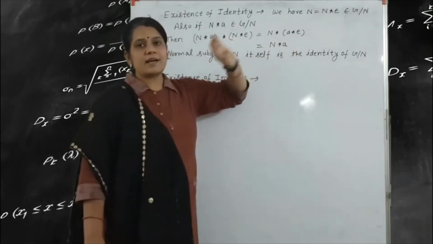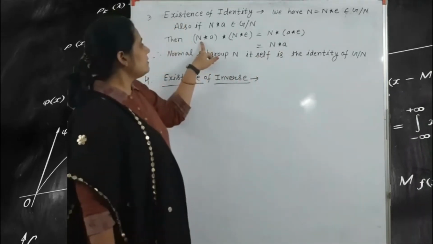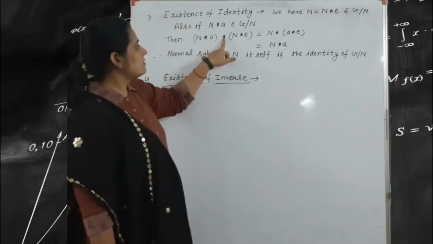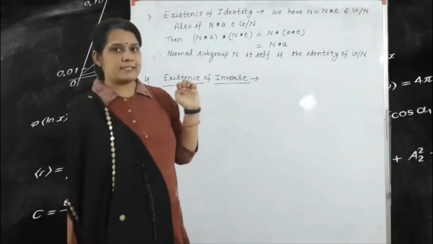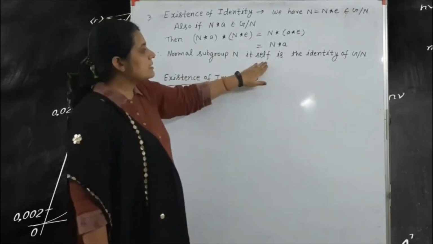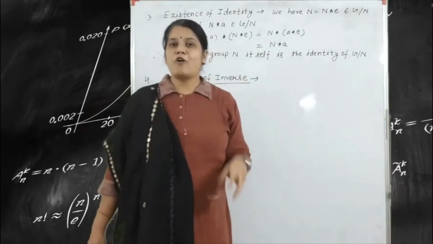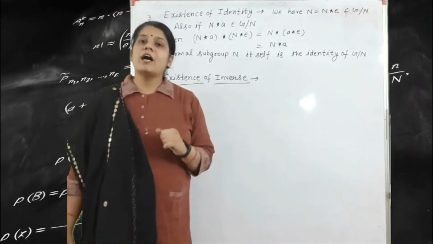So a * identity element gives a. So if we check N*a * any identity element, then we get the element itself, N*a. So normal subgroup N itself is the identity of G/N. That means this satisfies the existence of the identity.